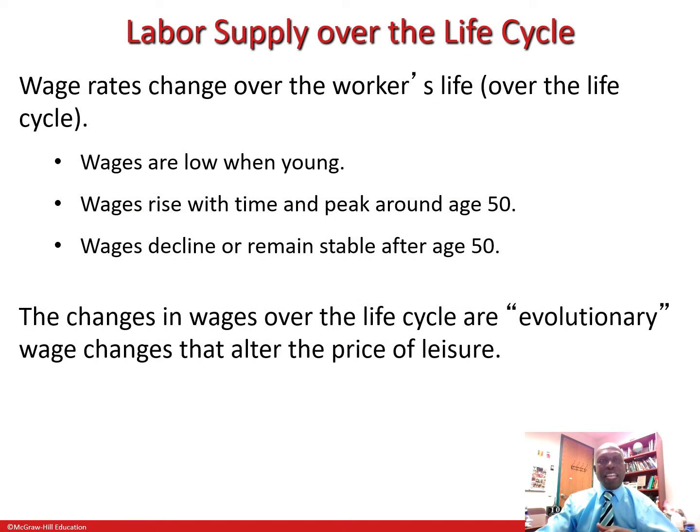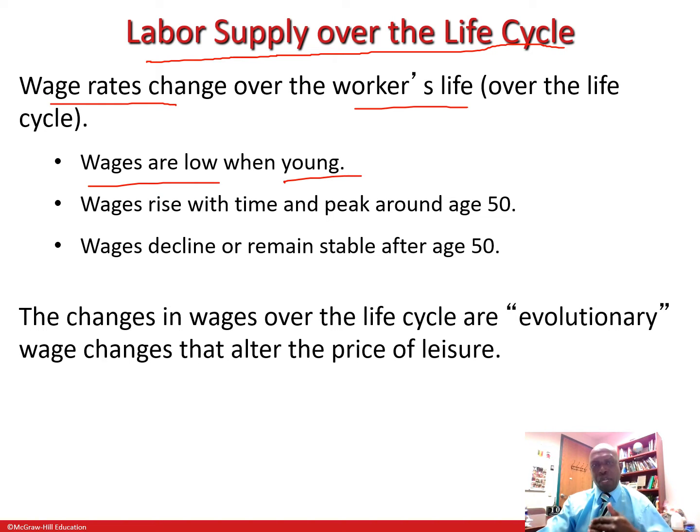Now, let's explain labor supply over the life cycle. So, wage rates change over the worker's life. Wages are low when the worker is young. Wages rise with time and peak around age 50.